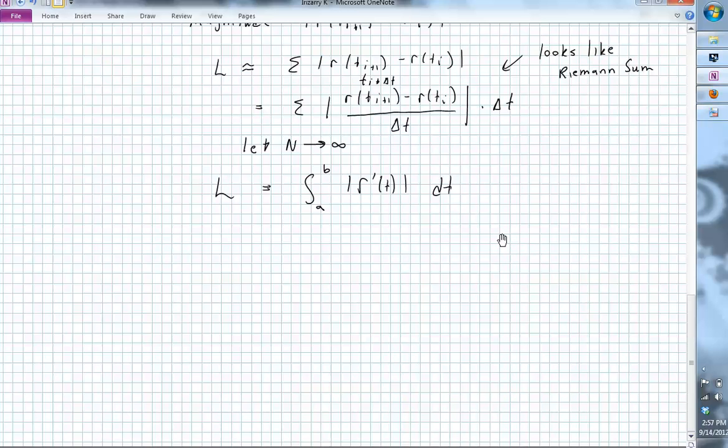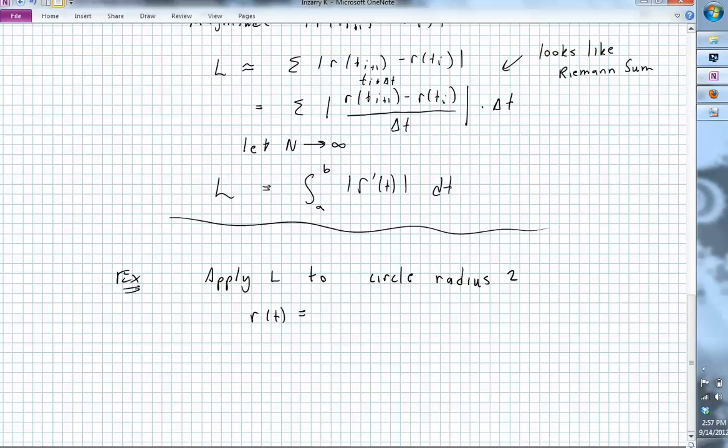Let's apply this to a curve where we already know the answer, just to convince ourselves that this works. So what's a parameterization of a circle of radius 2 centered at the origin? 2 cosine t, 2 sine t.